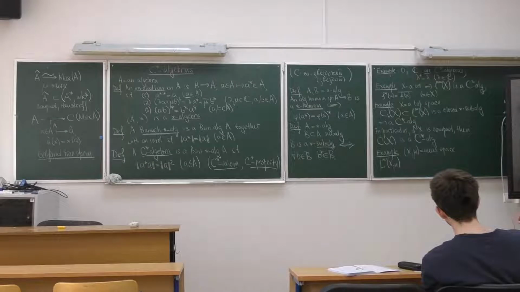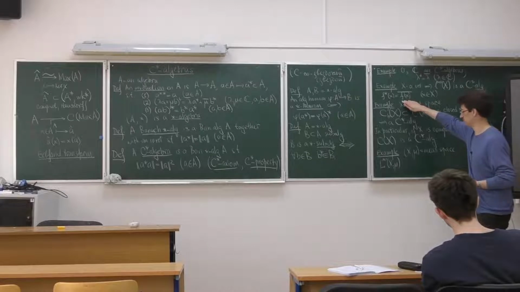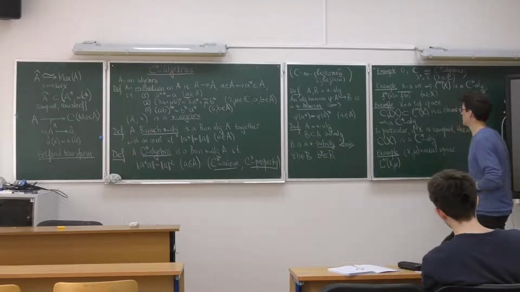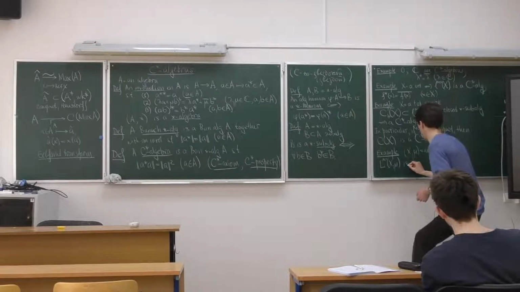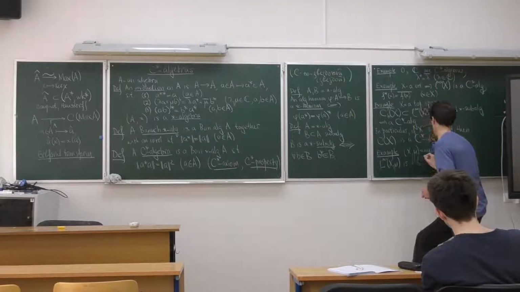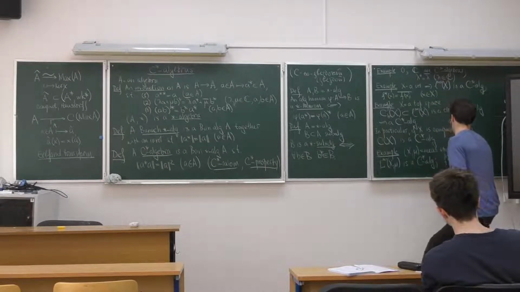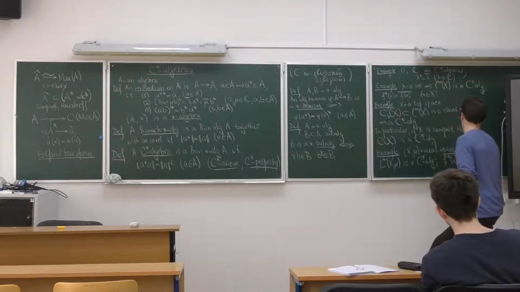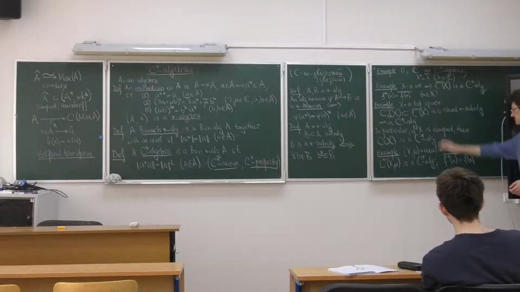We know that this is a Banach algebra, but we can easily define an involution by the same formula as here, as the pointwise conjugation. It's easy to see that this is a C-star algebra. So the involution is given by the same formula as here.